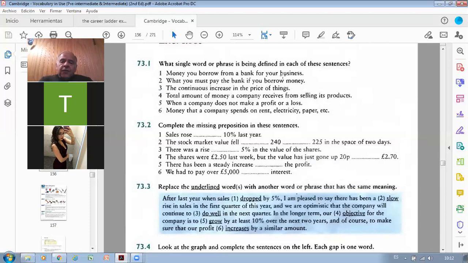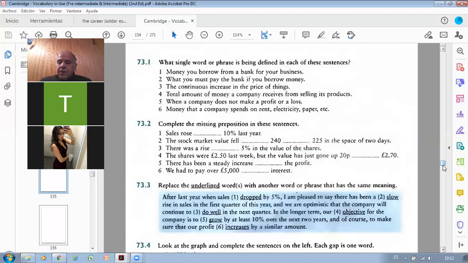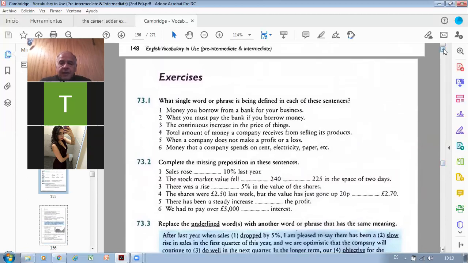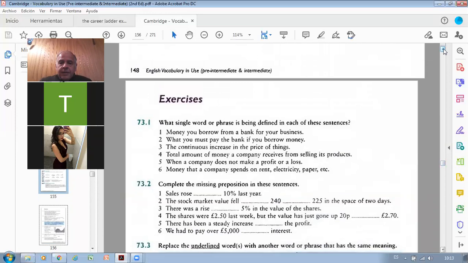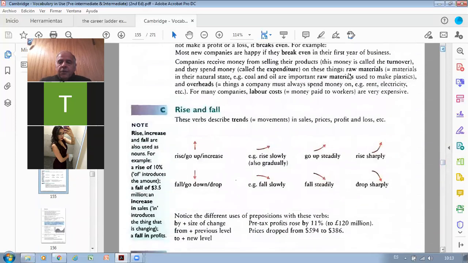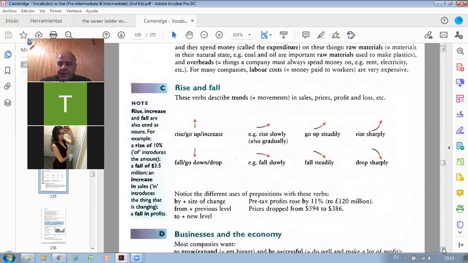Okay, so you have to answer these questions by using the vocabulary that we studied. You have to read this again and try to use it in the exercises.